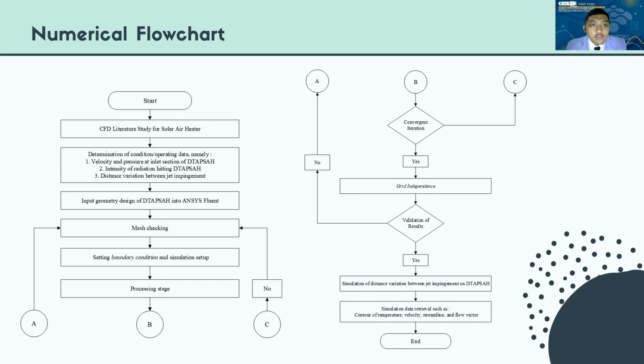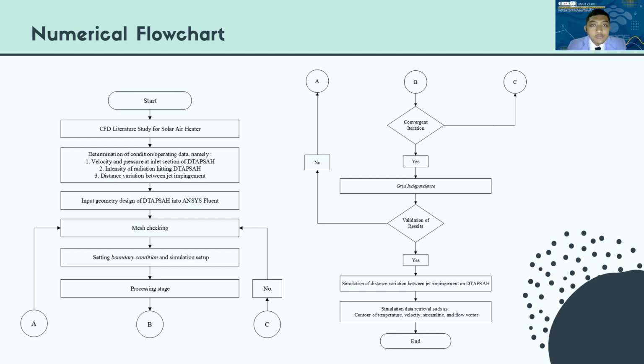And this is the flow chart for numerical studies in DTAP-SAH, and the first step is CFD literature study for solar air heater. Then the second step is determination of operating condition data, like first, velocity and pressure at the inlet section of DTAP-SAH, number two, intensity of radiation heating DTAP-SAH, and the third is distance variation between jet impingement.